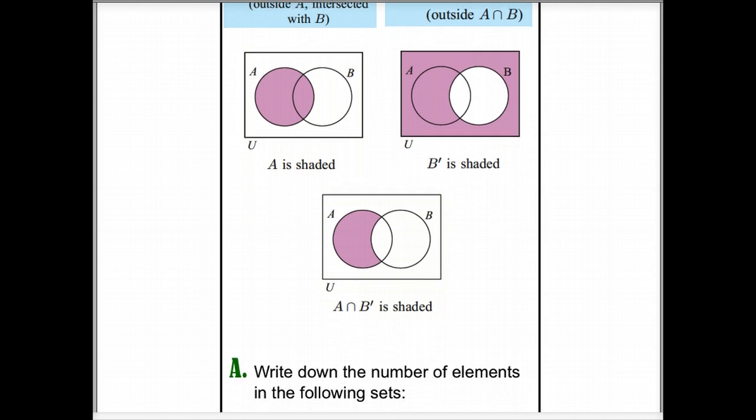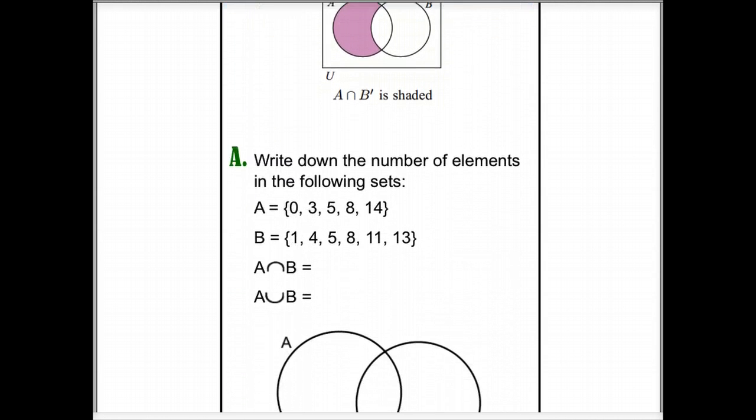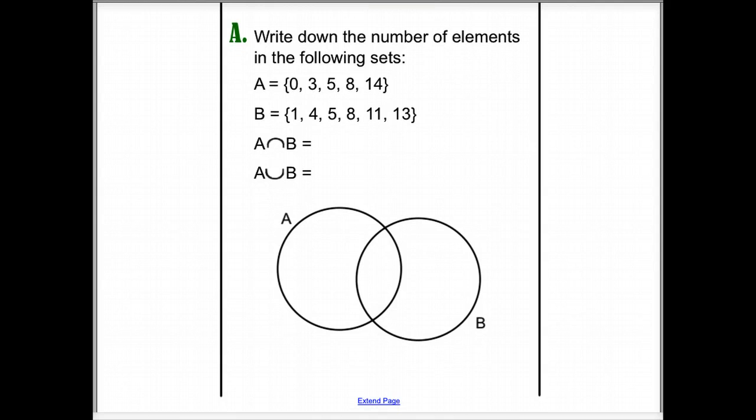So what we're going to do now is take a look at an example of what we need to be able to do. You need to write down the number of elements in the following sets and then identify A intersected with B and A union with B. So we look at our sets. A is 0, 3, 5, 8, 14, and B is 1, 4, 5, 8, 11, 13.